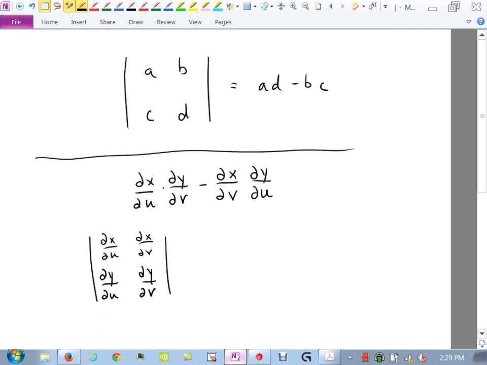Do you see that if I say take this and give me the determinant, you would go this times this minus this times this? And that's this formula. So the determinant of that is really going to help us get that cross product.